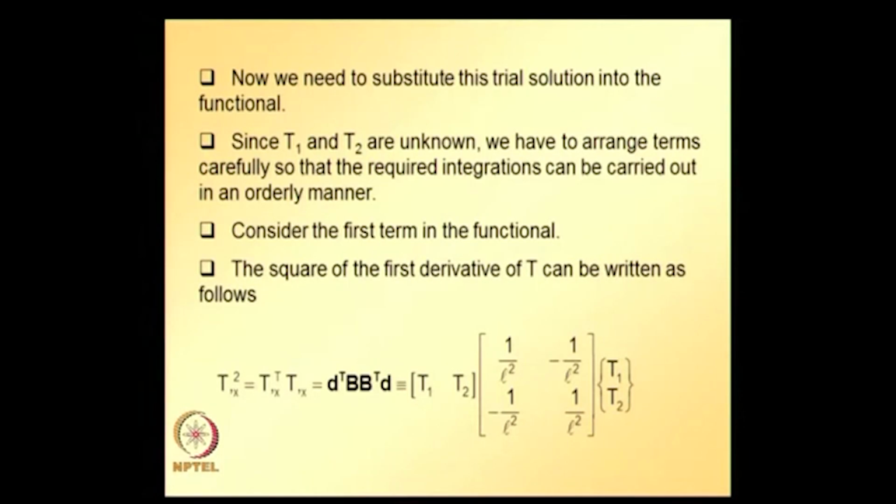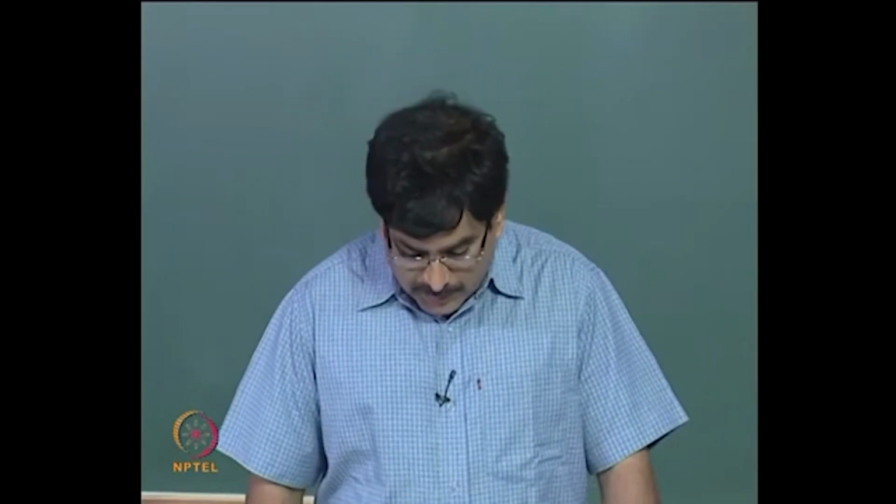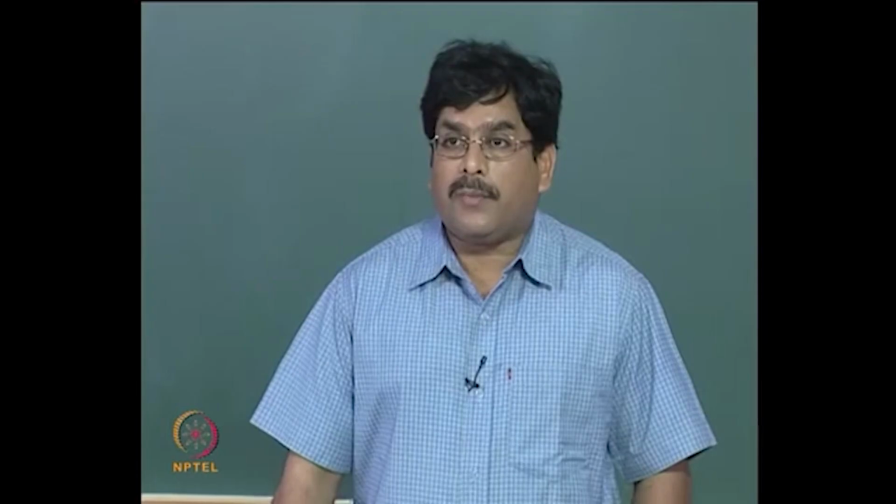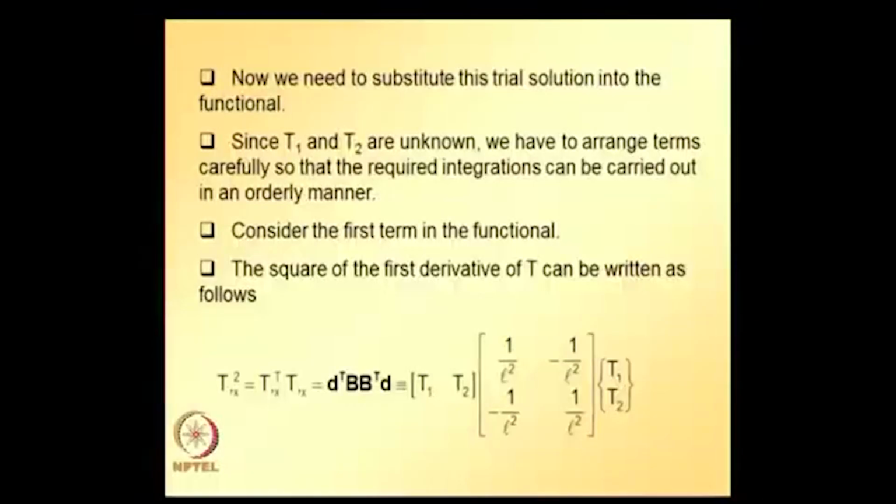The square of dT/dx can be written as dT/dx transpose times dT/dx, because dT/dx is a scalar quantity, and the square of a scalar can be written as scalar transpose scalar. Using that logic, we can write it in this manner, and we know that dT/dx is B transpose d. So, substituting that, we obtain this equation.